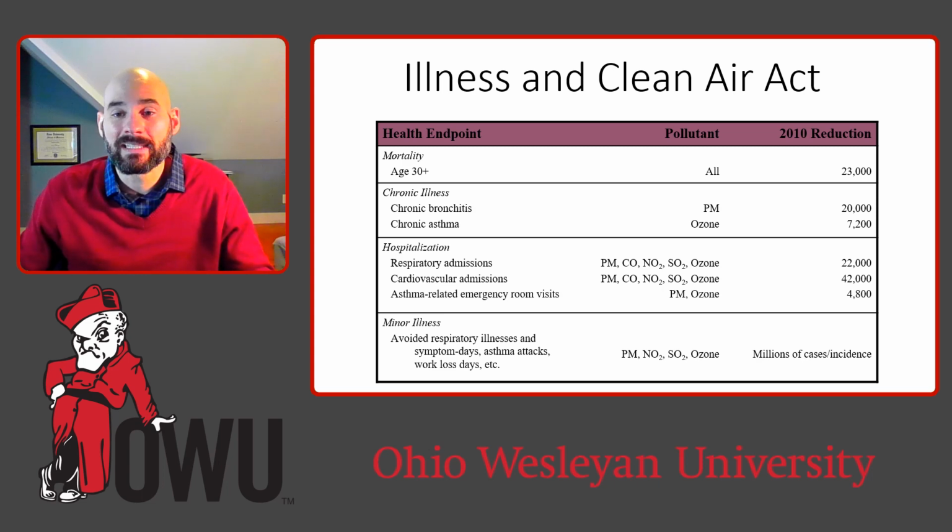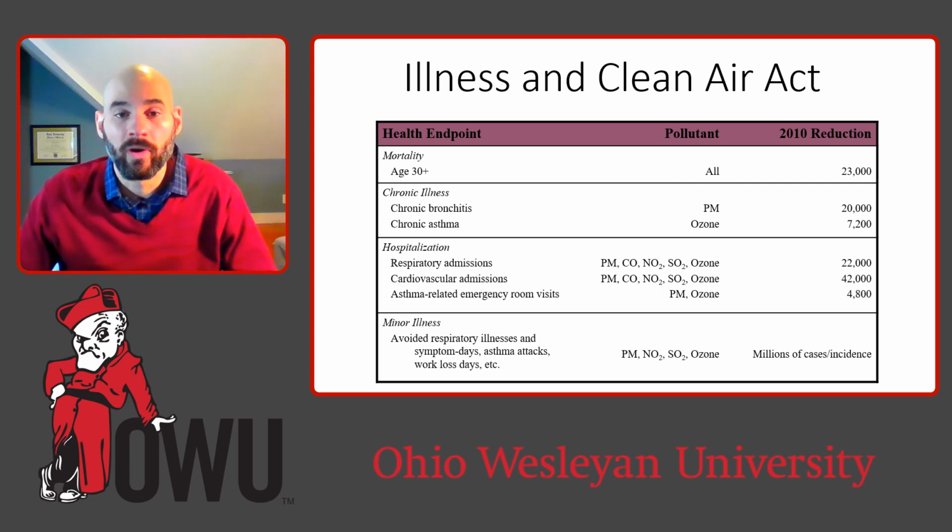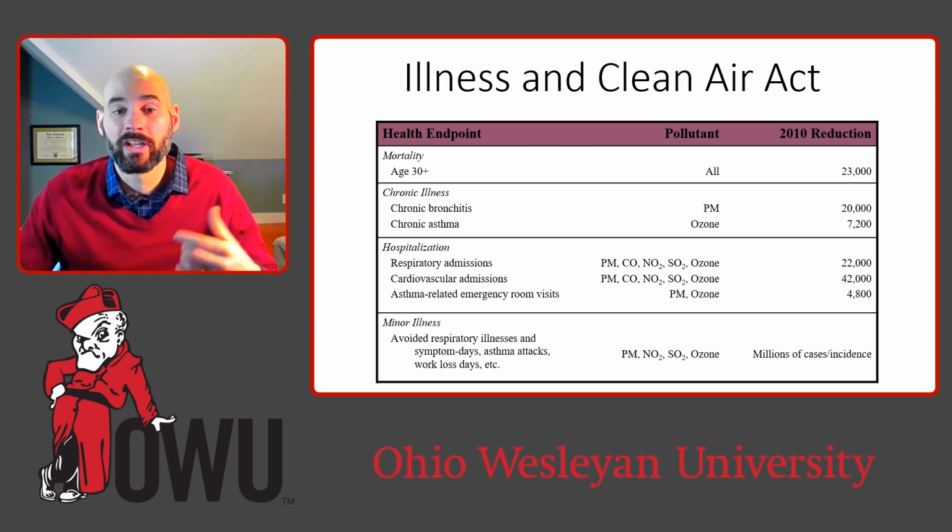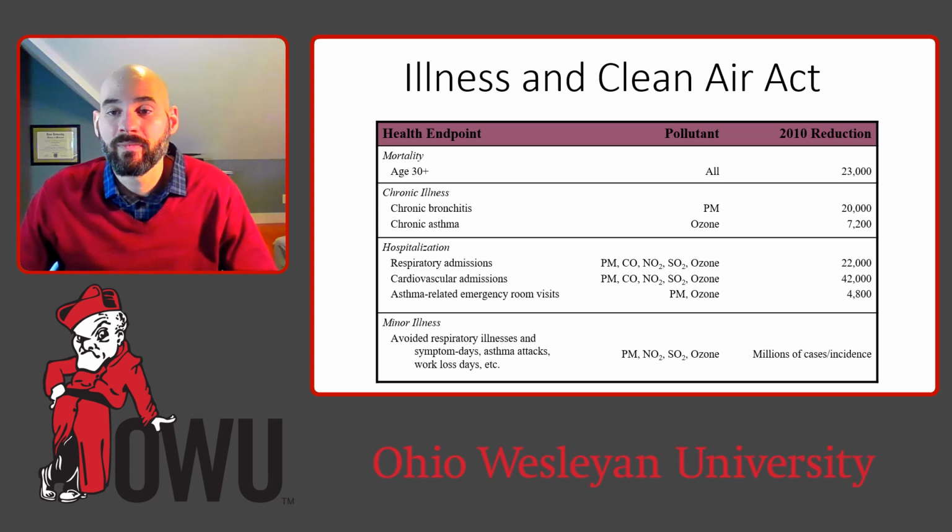We can see that over the 20 years between 1990 and 2010, for those aged 30 and over, there were 23,000 lives saved that otherwise would have prematurely passed away.